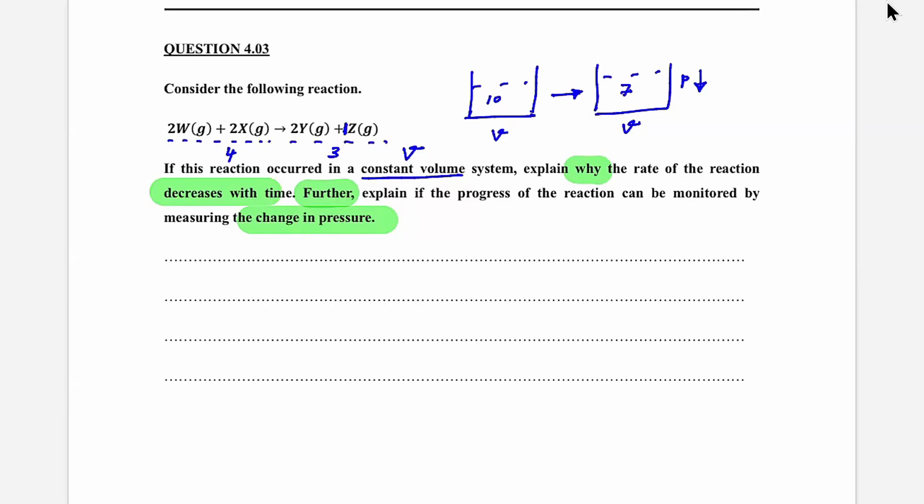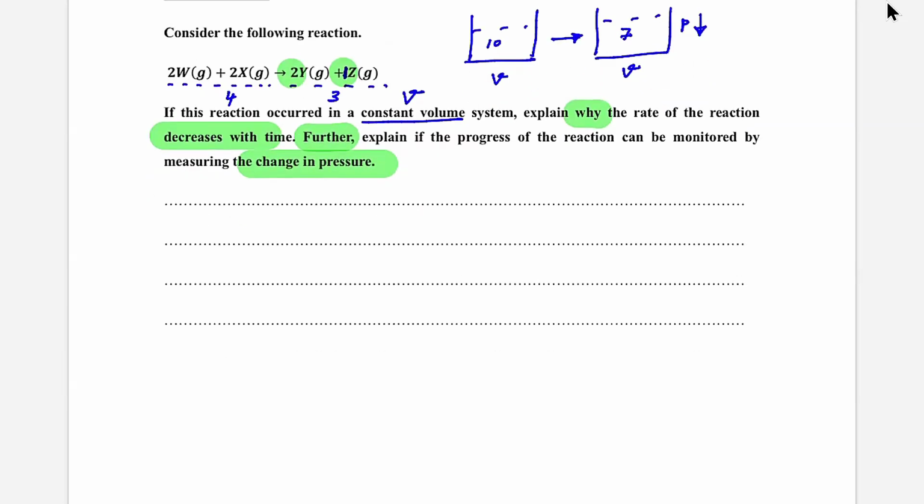This observation is a very important thing in the future as well. You are looking at the number of moles to determine the pressure. Moles are less means pressure is less, right? So you can just write that.